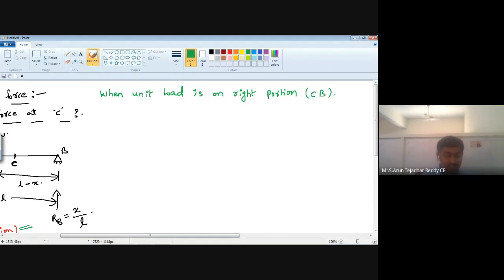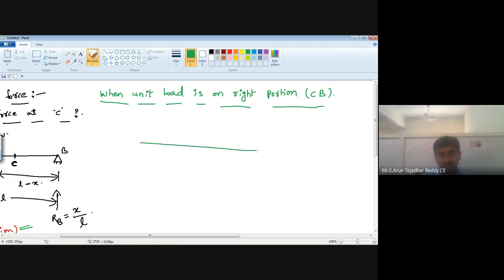A portion is AC, but the right portion is CB. So the unit load is on the right portion. Then calculate shear force at C.